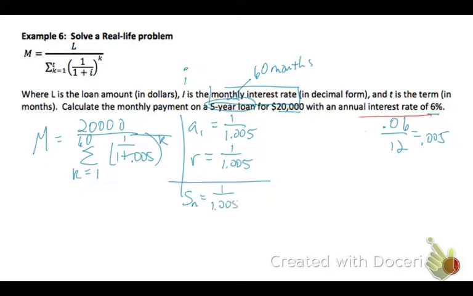All right, now the formula goes: our first term times 1 minus our rate, and sorry, that rate should have a 1 by it here, raised to our k power, or the top power, so 60th, over 1 minus 1 over.